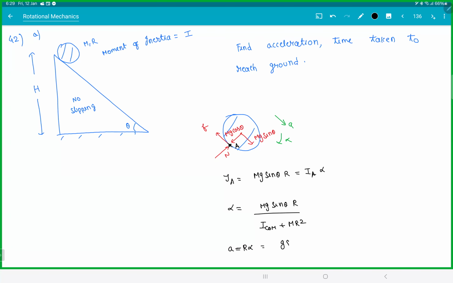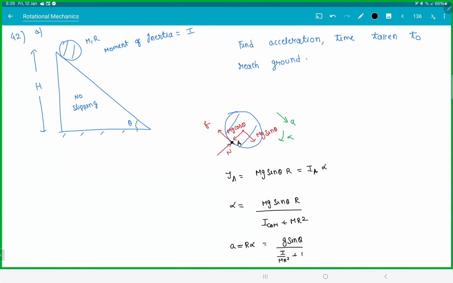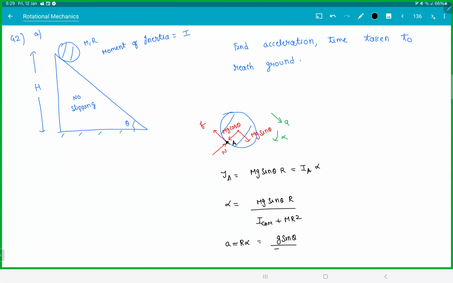This would be g sine theta by I by mr square plus 1. There, that's a good result to remember.